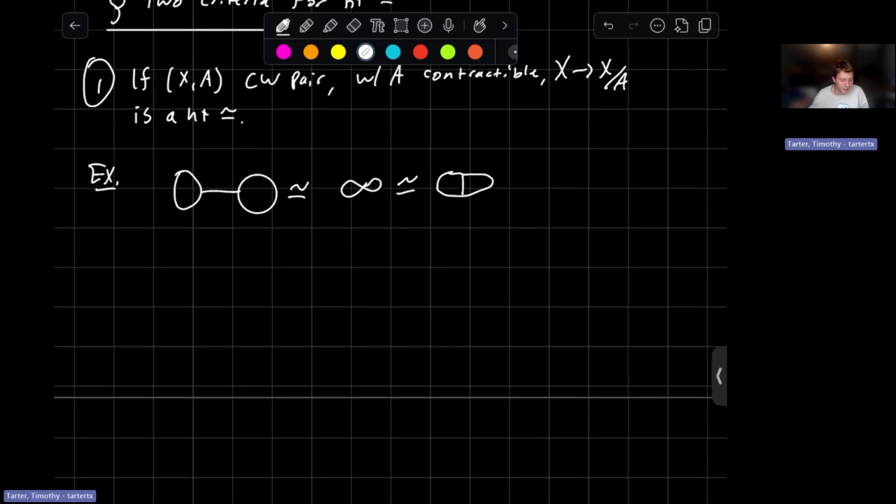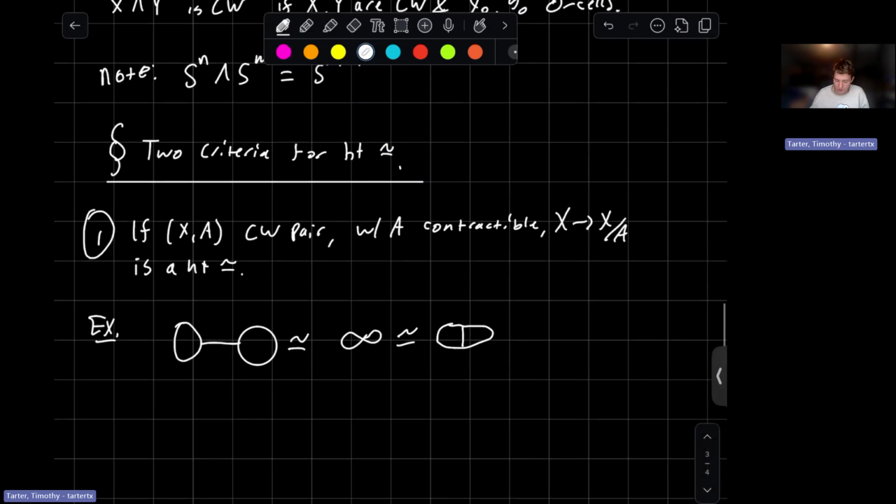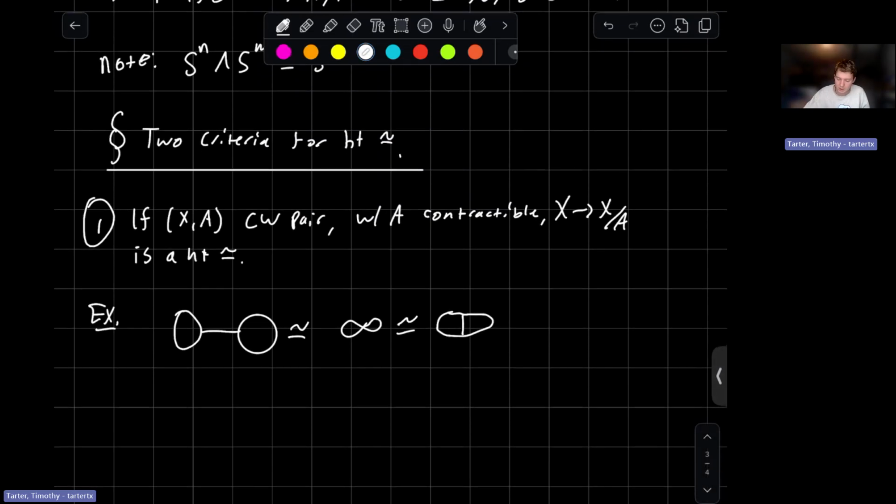Since each is a deformation retract of a disk with two holes. But we can kind of deduce this from the collapsing criterion, that we could kind of cut this and then get this. And then we could stretch this and get that.